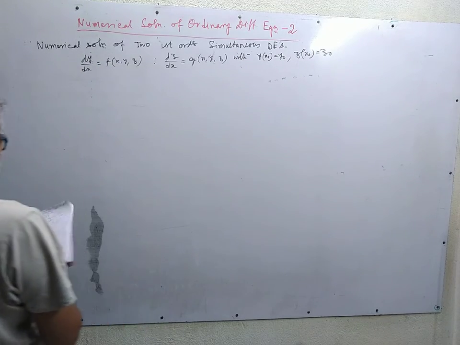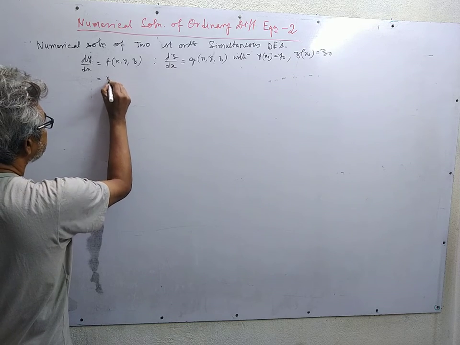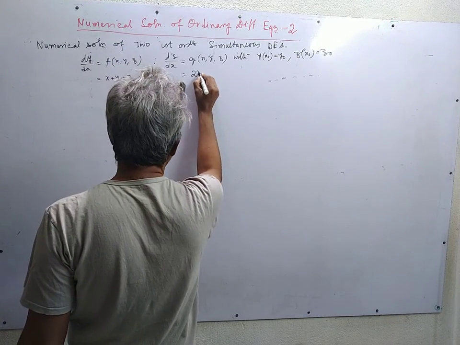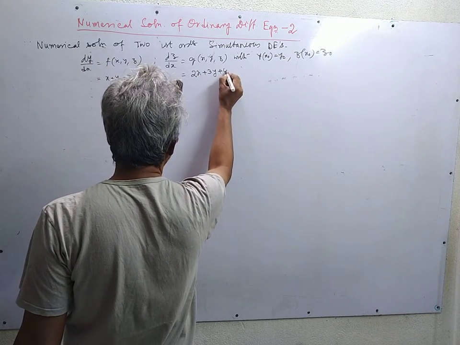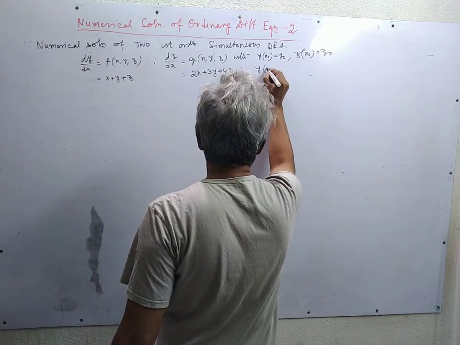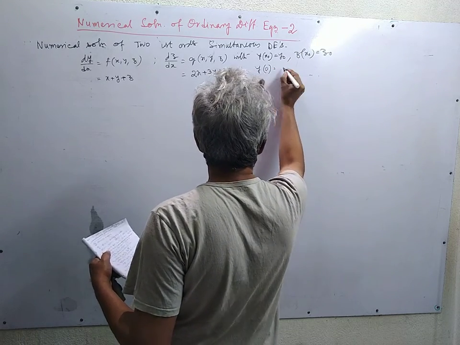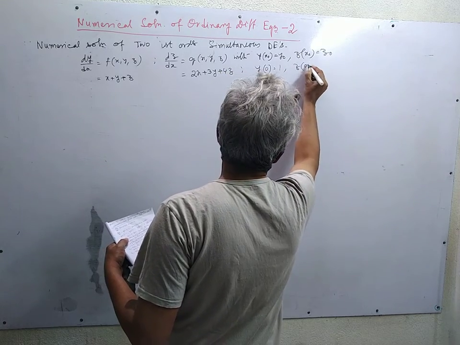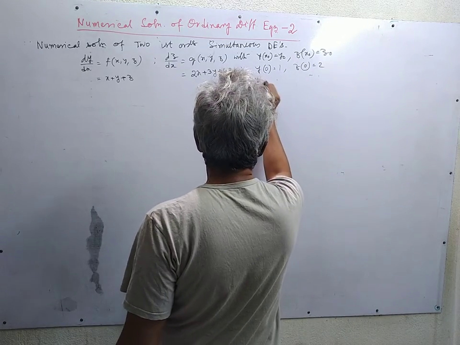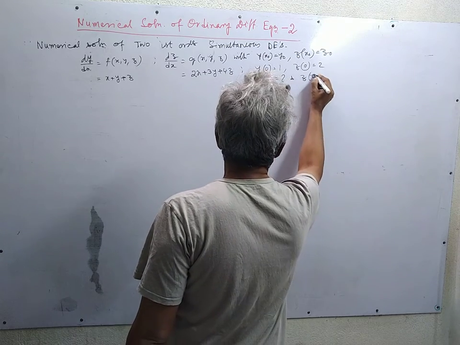F is equal to x plus y plus z, and g function is 2x plus 3y plus 4z with y at x is equal to 0 is 1 and z at 0 is 2, and we are to find y at 0.2 and z at 0.2.